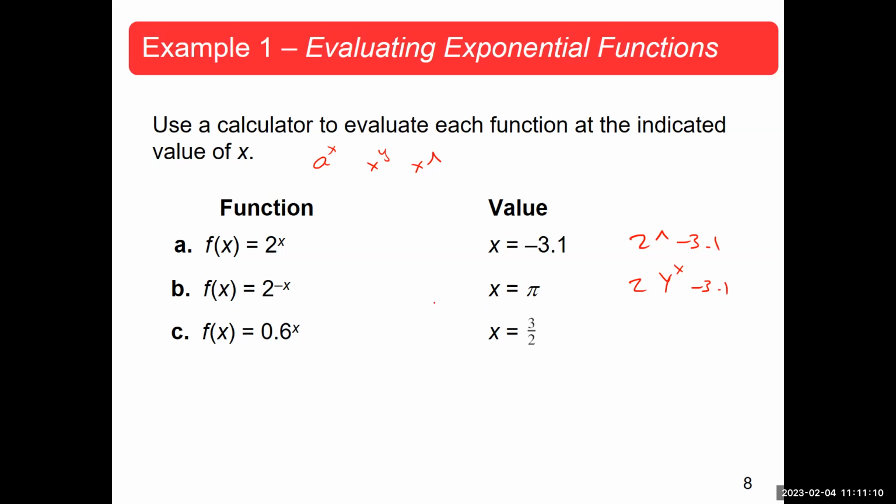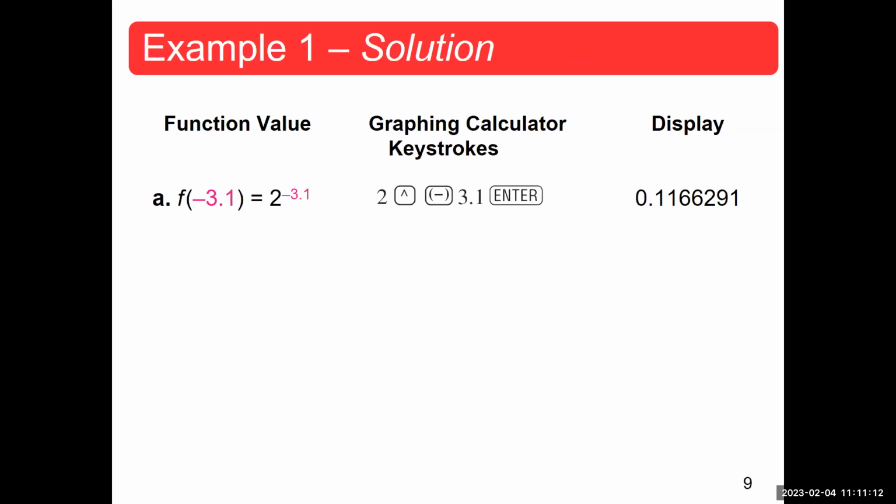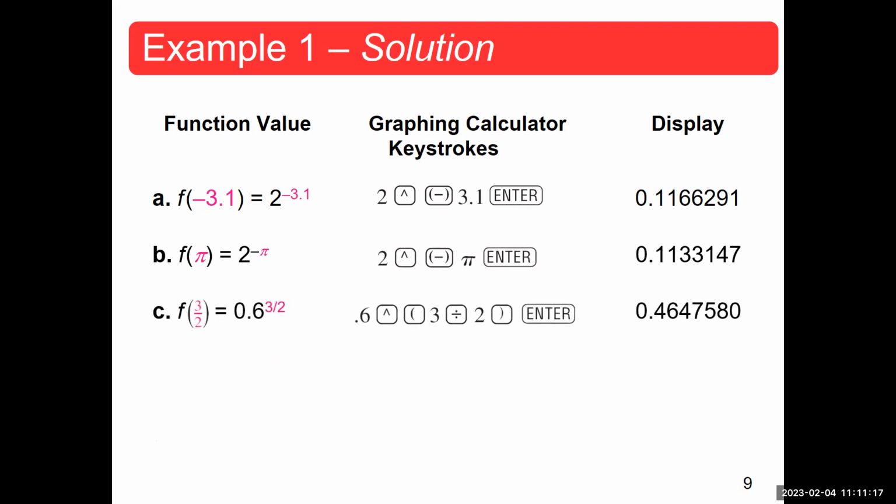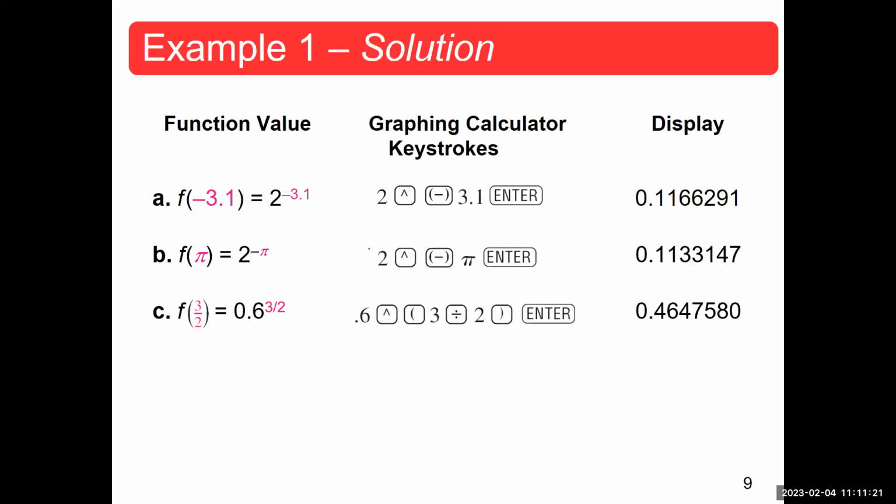Let's see, they have an answer here in the next page. So 2 to power negative 3.1, that was showing you. This is maybe in your calculator. You get the answer. You need to figure out how to use your calculator. 2 to the power negative pi.